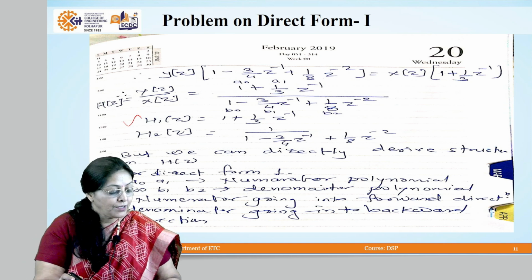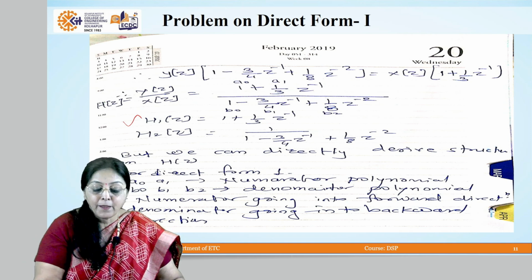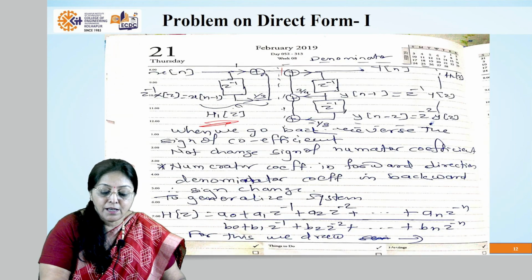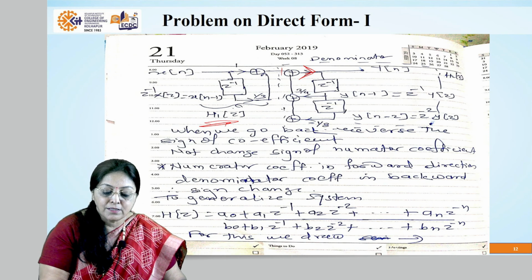There is no delay in this first arrow. Directly we are using here y of n minus 1, or another way z raised to minus 1 into Y(z), y of n minus 2, z raised to minus 2 into Y(z).